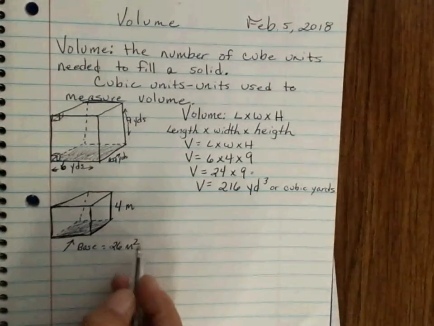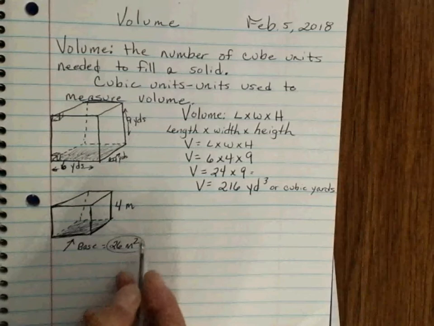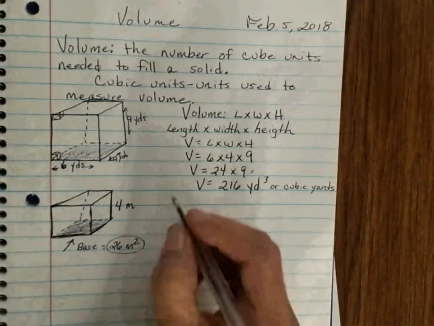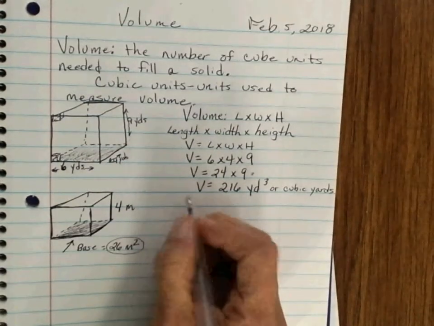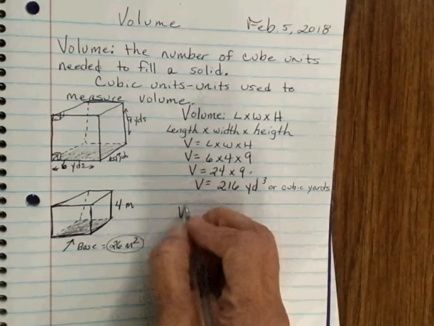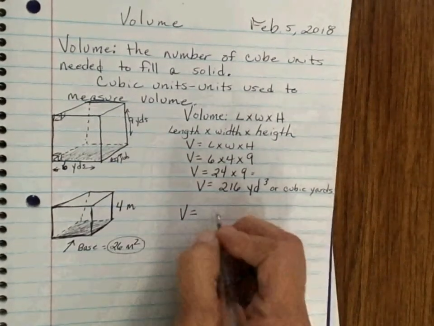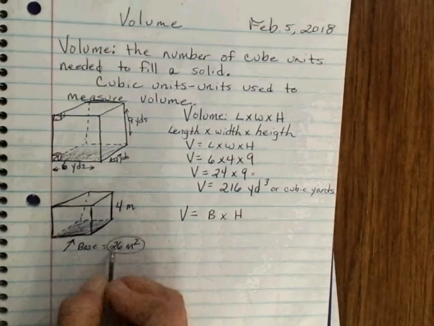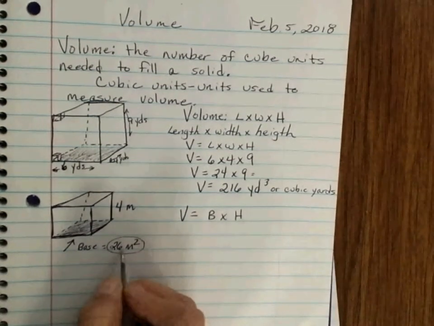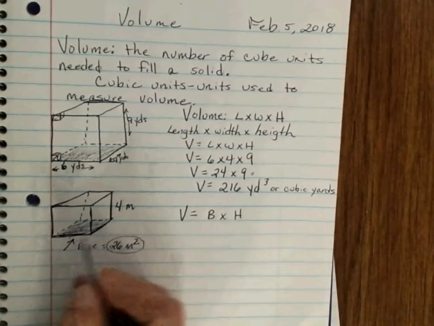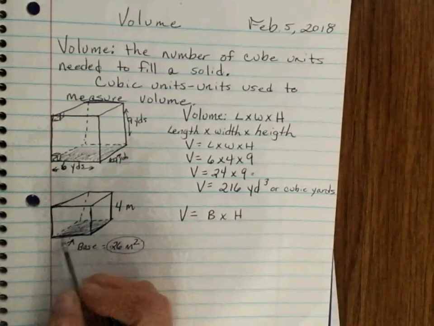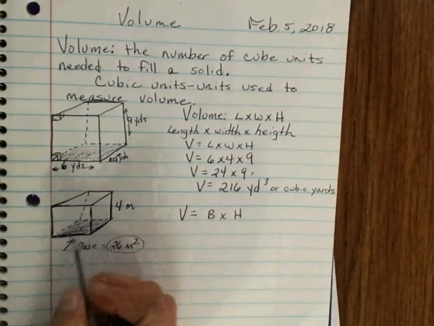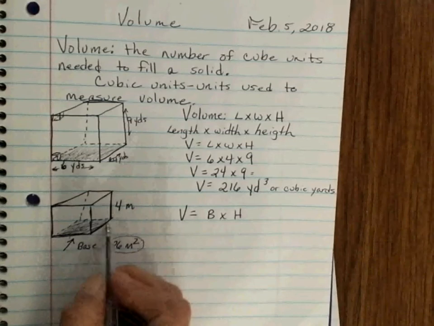So if I am already given my base, I could solve my volume by saying base times height. Because if they tell me the base, they've already told me what my length times my width is, right? Because isn't area length times width? So if they give me the base already, I already know two of them.